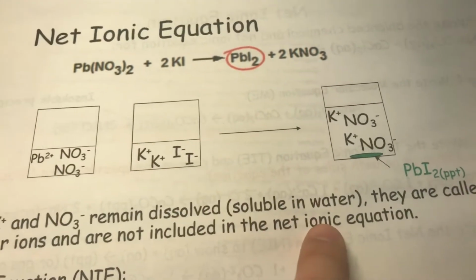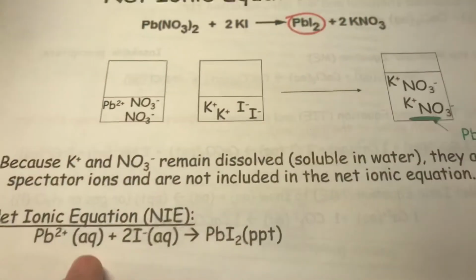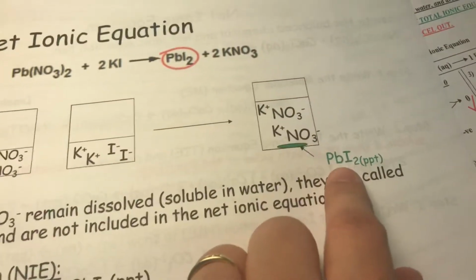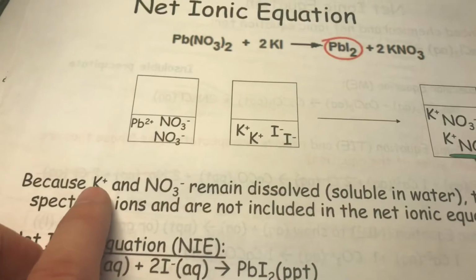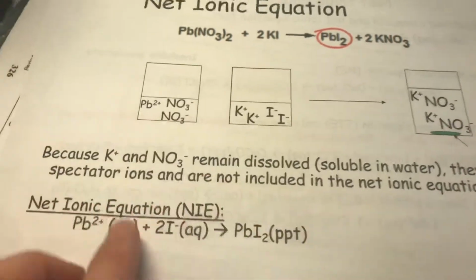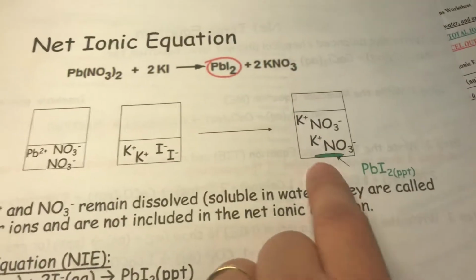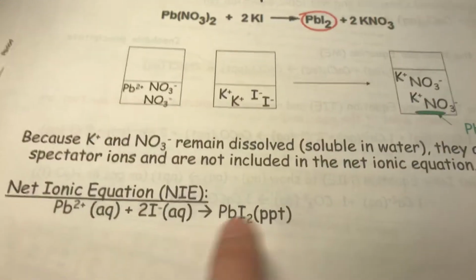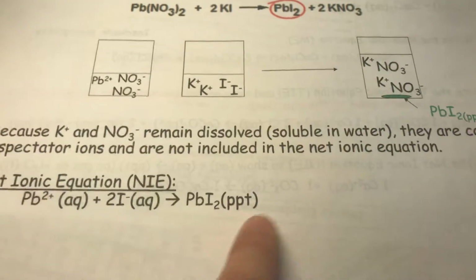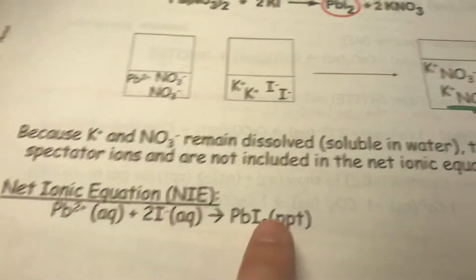What is meant by the net ionic equation is that I only care about what happened to the precipitate. The net ionic equation is what you get after you take away the spectator ions, potassium and nitrate. Exactly what happened is that the lead 2 plus and the iodide minus form the PbI2 precipitate. This is called the net ionic equation.